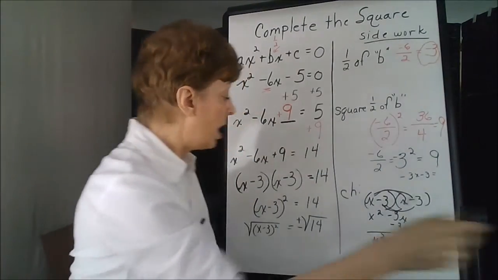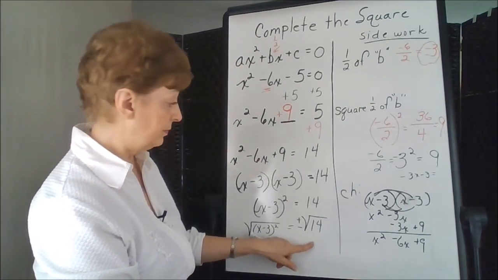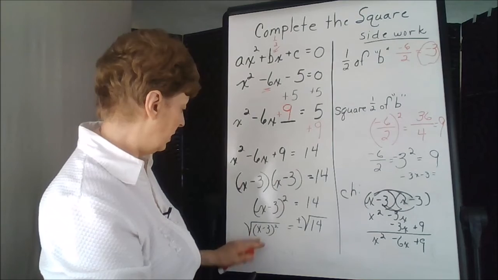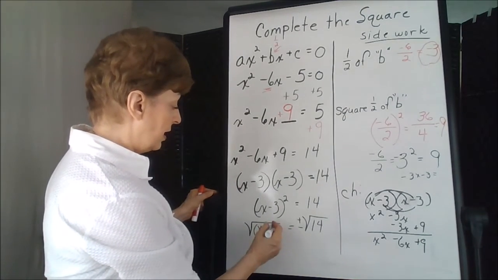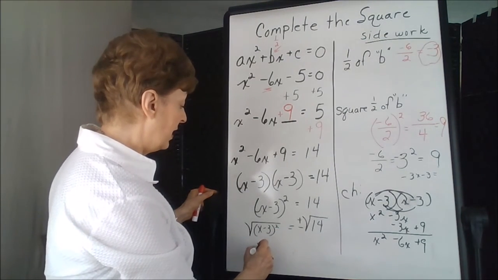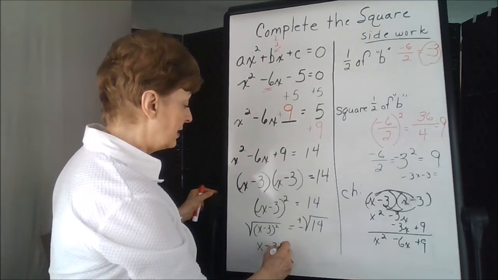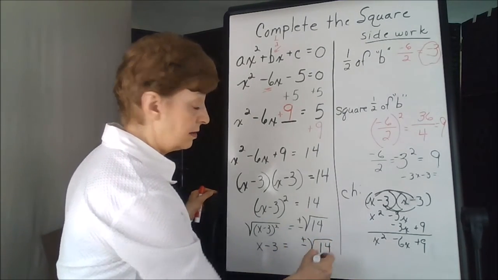So usually we're going to have a positive and negative value. All right, so then the square root eliminates this exponent, so now we have x minus 3 is equal to plus or minus the square root of 14.